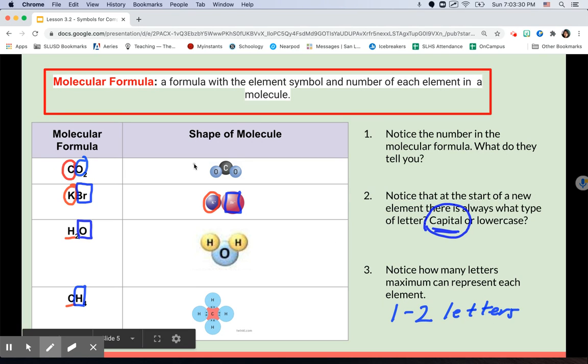Always starting with a capital letter and the second letter always being lowercase. So if Br is represented by 2 letters, the first letter is always capitalized, the second letter is always lowercase. Right? So that's how you tell each element represented by its symbol. So let's do some practice problems in the next slide.